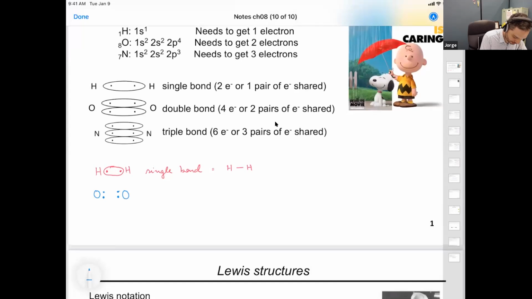So therefore needs to get 2 electrons. So they are going to share the first pair and then share the second pair. Now we have 4 electrons or 2 pairs being shared. That's called double bond. And we can represent that by 2 traces.